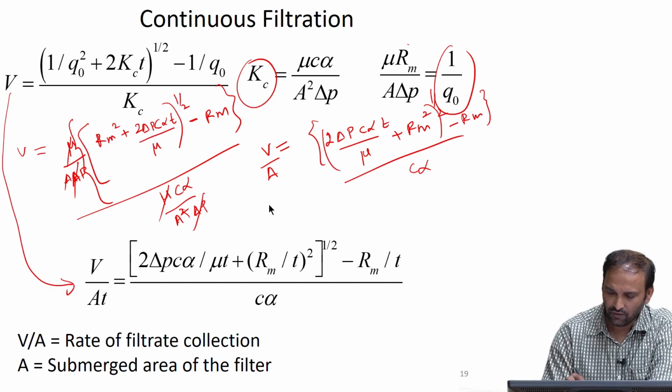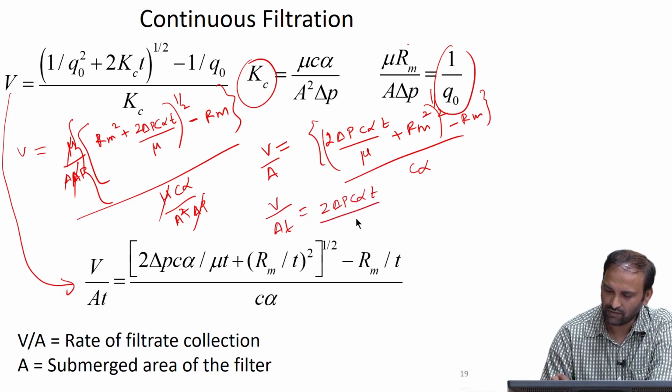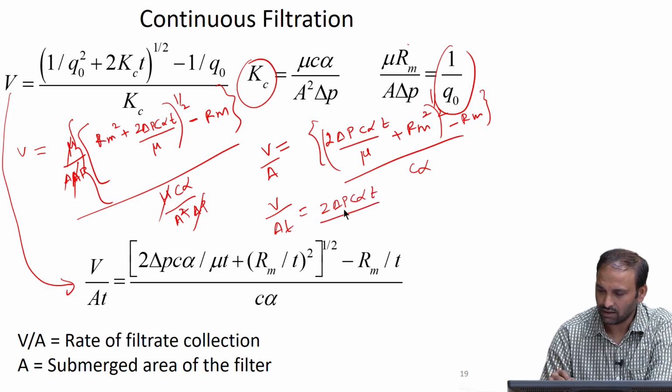Now what I can do is divide by t on both sides. So, V divided by A times t becomes 2 times delta p c alpha t divided by, because I am taking it inside, there is a to the power of 1.5 there.